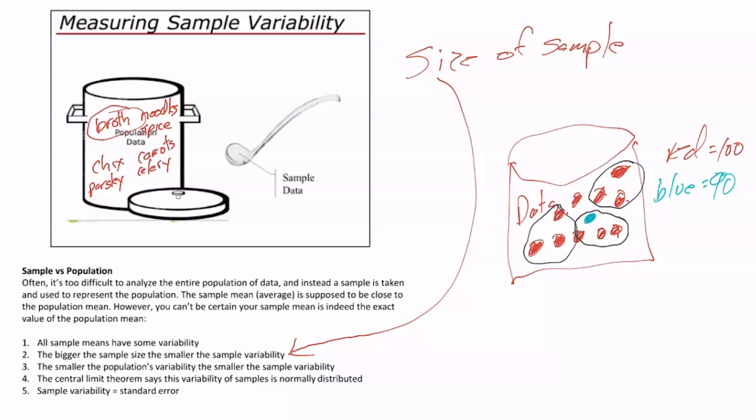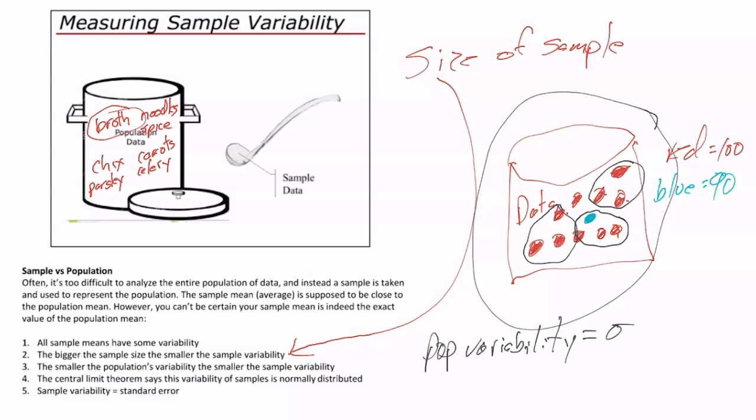The way that we measure the variability of the data inside your population, well, we've covered that in earlier videos. To measure population variability, it's a simple calculation. It's the standard deviation. If we had the known population data laying around, we could highlight that data in Excel, press the standard deviation button, and represent it as sigma.